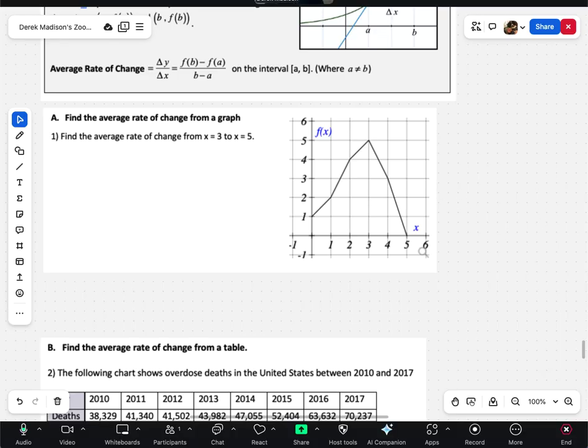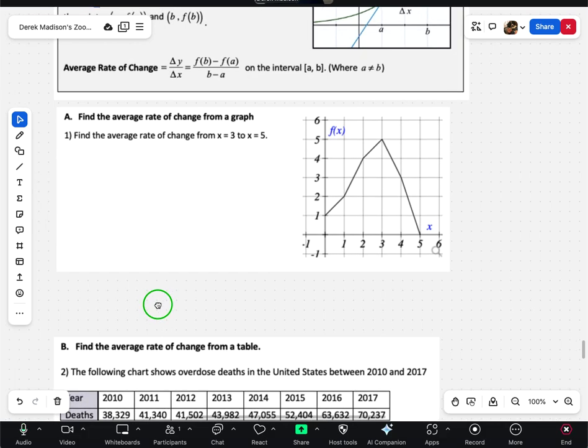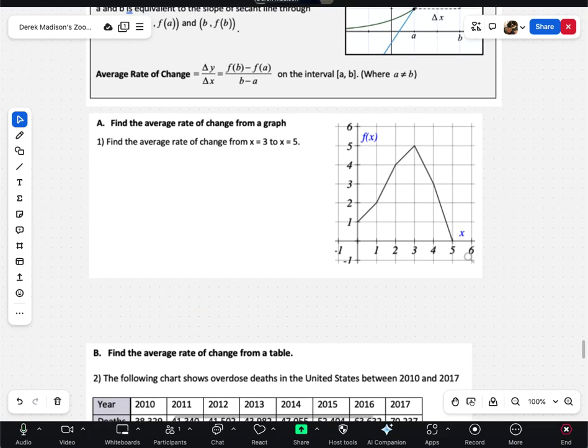So for this first one, it's from a graph. Actually, let me scoot this over a little bit and get that opened up. We're asked to find the average rate of change from 3 to 5. So from x equals 3 is right here, to x equals 5 is right there.